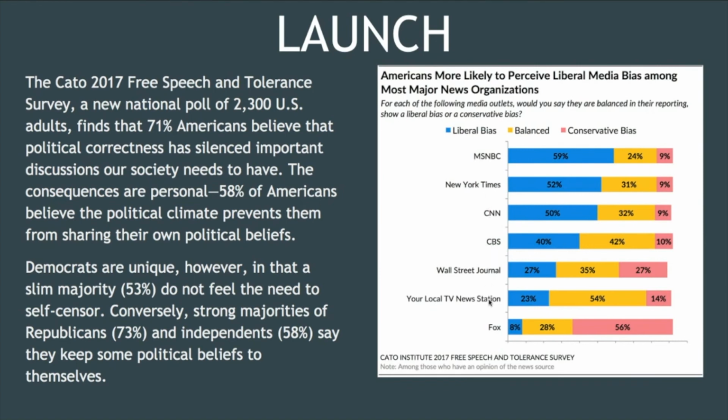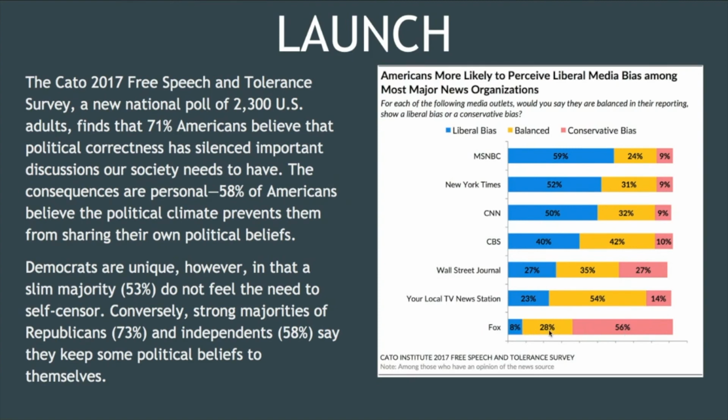Notice that they say there's a conservative bias or a liberal bias. MSNBC has a huge liberal bias. The New York Times, and as you go down, you get to Fox, which has a huge conservative bias.